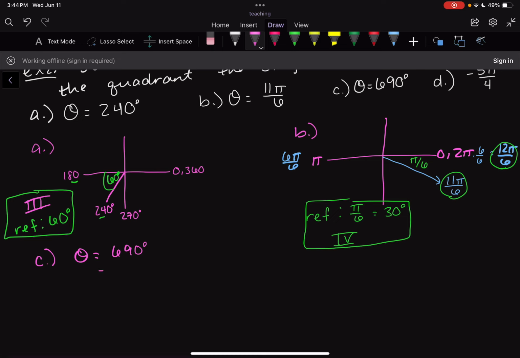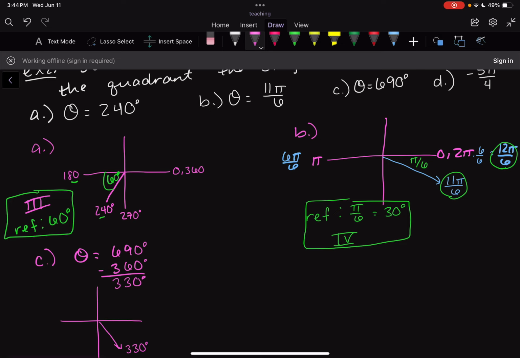We can subtract 360 using coterminal. So if I subtract 360 from this, I'm going to get 330 degrees. And now I'm going to graph that. So that would be in quadrant 4.